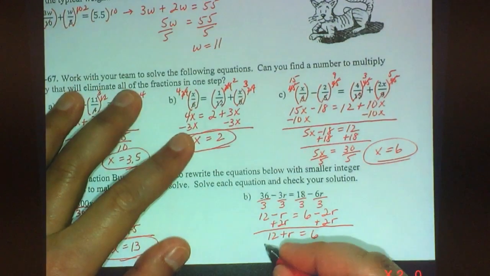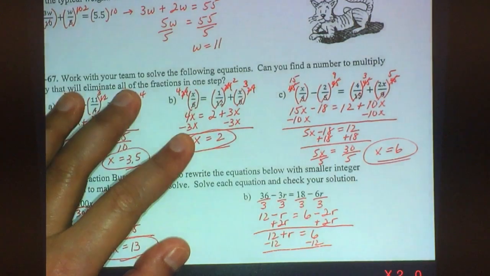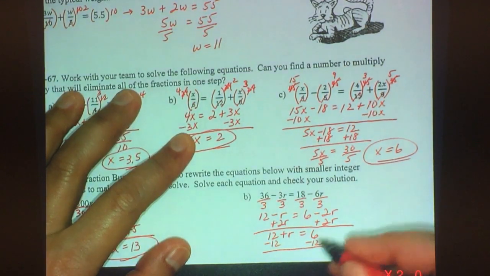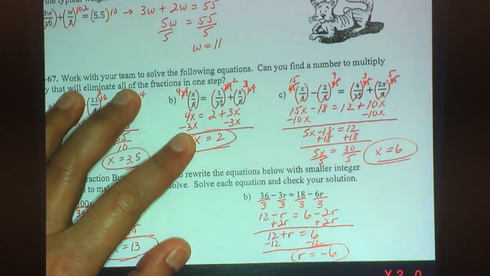And then we will subtract 12 from both sides. I am desperately running out of room. R equals, what's 6 minus 12? R equals negative 6. Do I have space to circle it without writing on my table? Yes, I do.